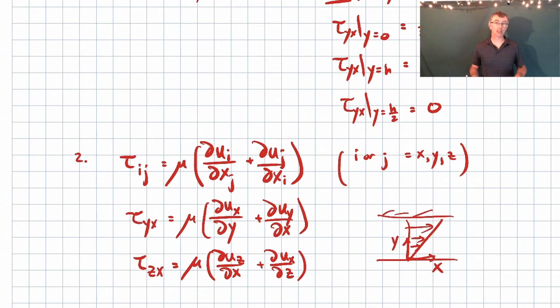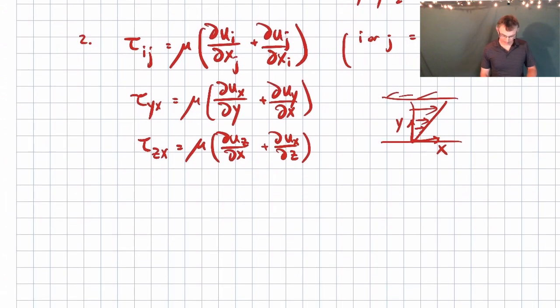There's no vertical velocity. And so in the shear stress term, the duy dx term would just be 0. It doesn't show up. And we get back to our original expression. But I just wanted you to be aware that the shear stress is actually a little more complicated than what we started with here. But it really won't be a factor in most of the work that we do.